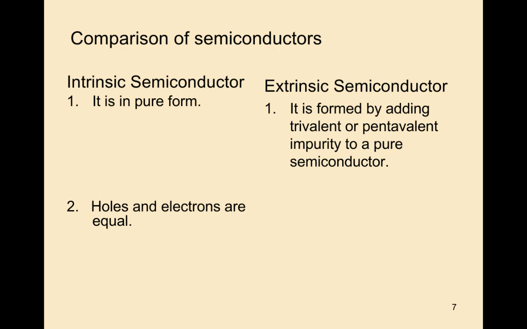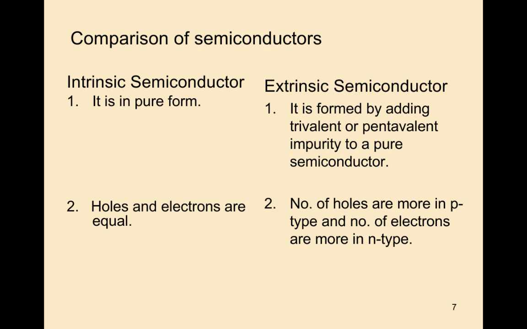Second difference: holes and electrons are equal in intrinsic semiconductors, whereas in extrinsic semiconductor the number of holes is more in p-type and the number of electrons is more in n-type. This is the second difference.